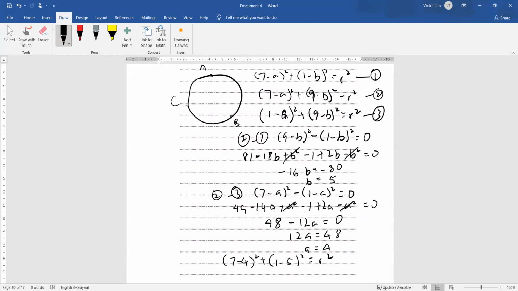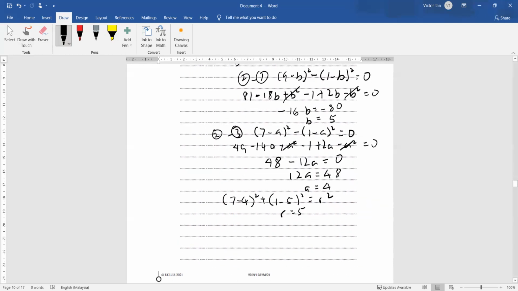So this is 3, this is 4, so r is 5. And you have it. Your equation is x minus 4 squared plus y minus 5 squared equals 25. That is your answer.